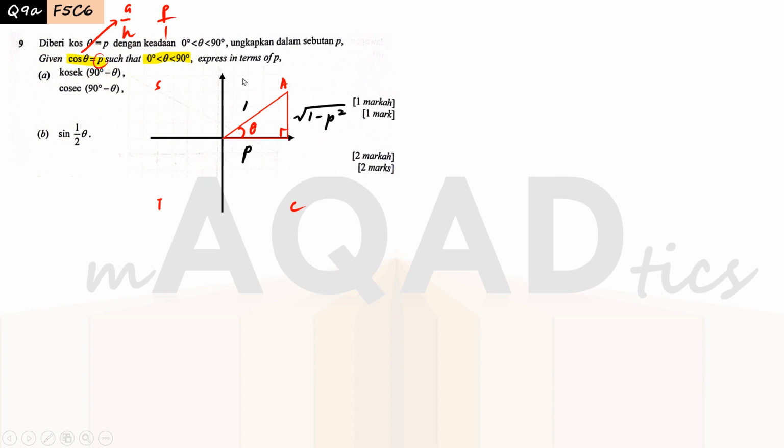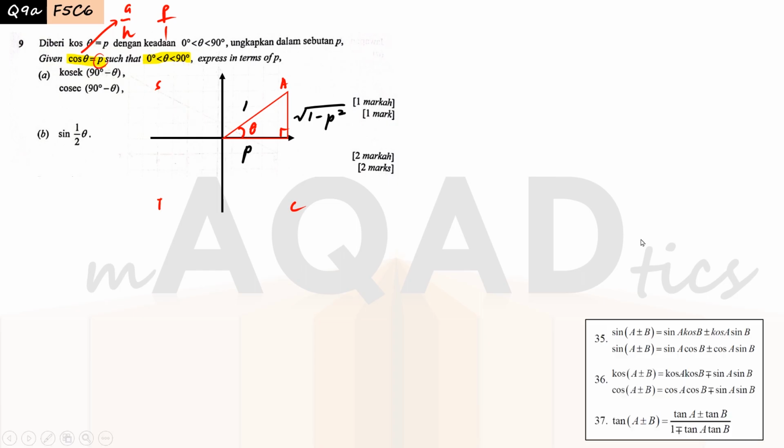Right? So now going back to here, this function actually looks a bit similar to the other trigo formulas in the formula sheet, right? Because here we have two angles and there's a bunch of formulas that have this pattern, which is the formulas from 35 to 37. As you can see in the bracket, there are two angles.